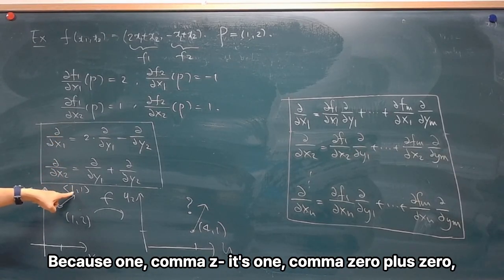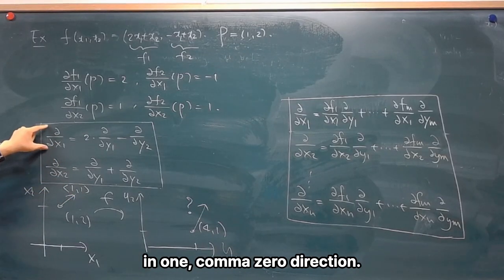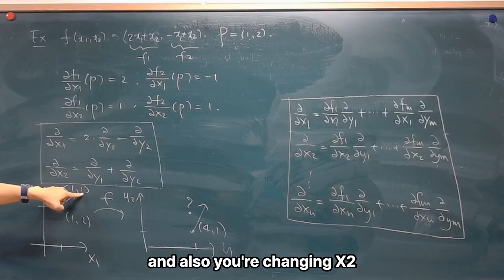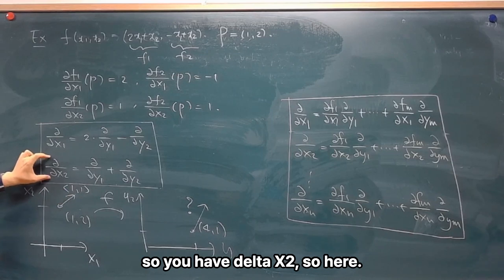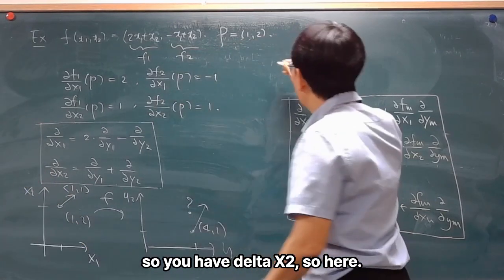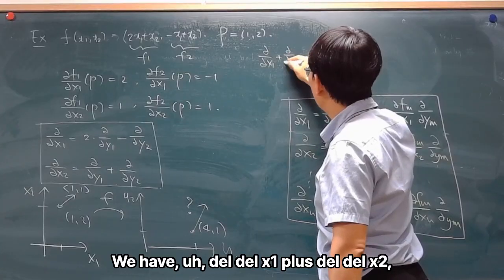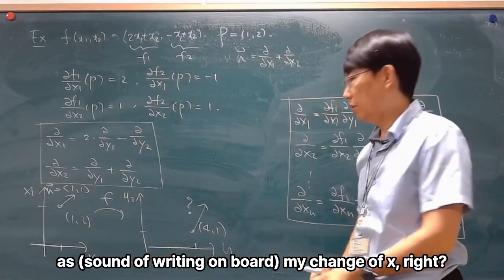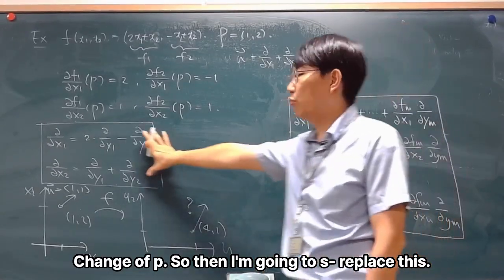Because (1, 1) is (1, 0) plus (0, 1). So we have 1 unit of movement in the (1, 0) direction, so there is 1 delta x1. And also you're changing x2 by 1 unit of length, so you have delta x2. So here we have delta x1 plus delta x2 as my change of x, right? Change of p.